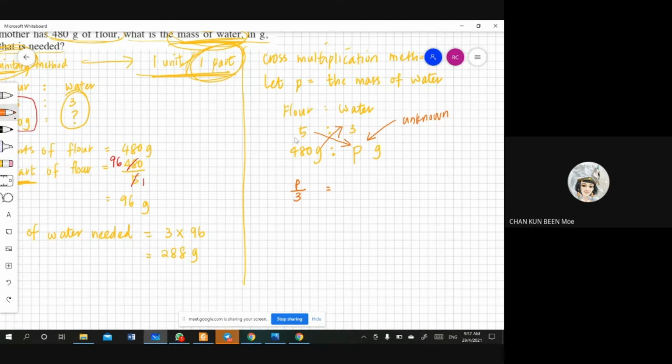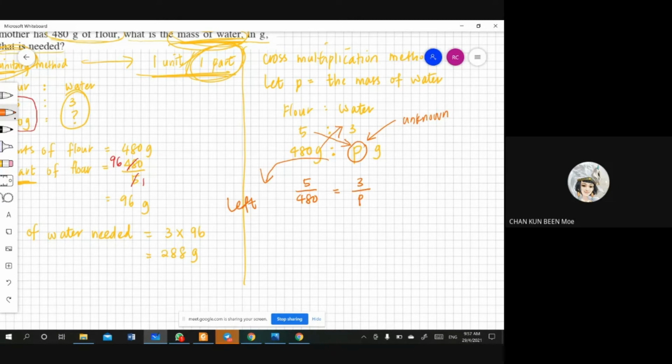I'm going to change this part also the other way around, which will be 480 over 5. It's up to you. If you don't want to change, it doesn't matter, but you have to make sure your unknown P later on must be on the left-hand side, always on the left, so that it's easier for you to look for the answer. You also can write down 5 over 480 equal to 3 over P. No problem, you can write like this.